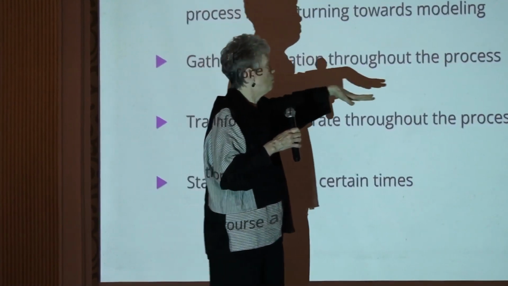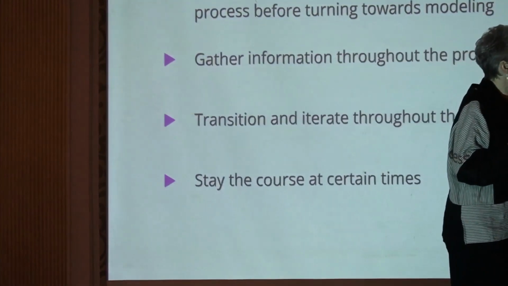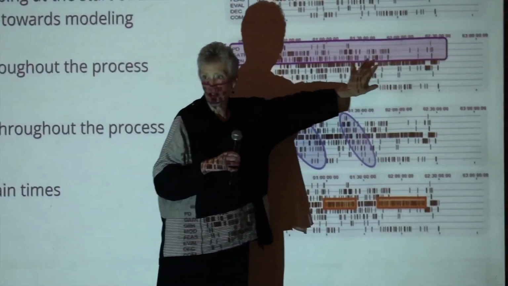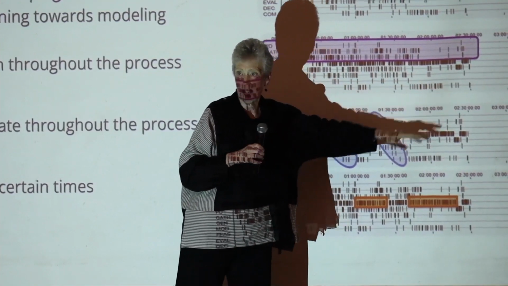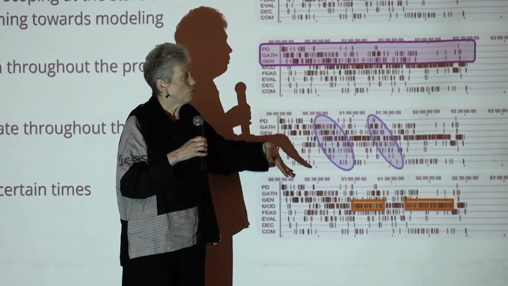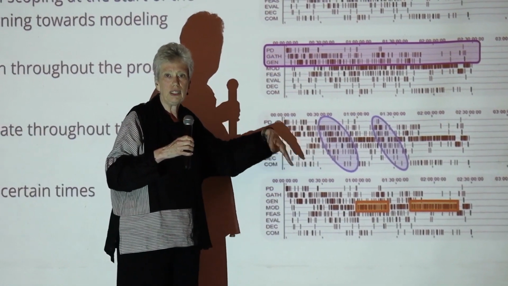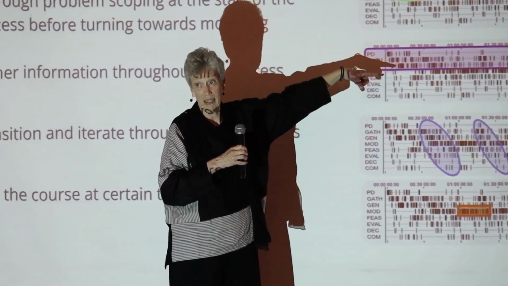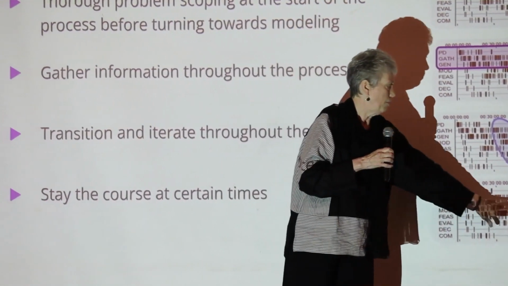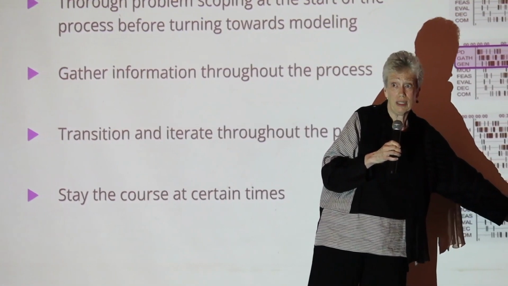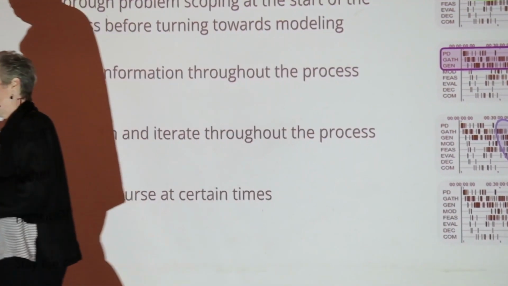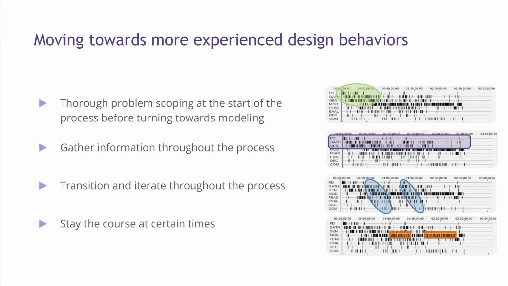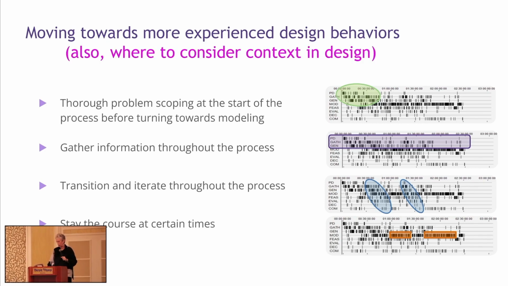You see robust information gathering throughout the process. It's not just understanding the problem up front, but all the way through. You see a lot of agile, fluid transitions and iterations, going back and gathering that information. And then you do have to choose something and stick with it at some point. So the timelines are really great ways to convey the general findings across the research.